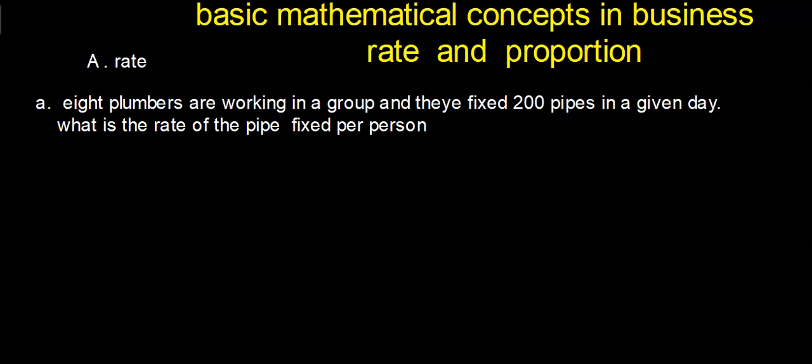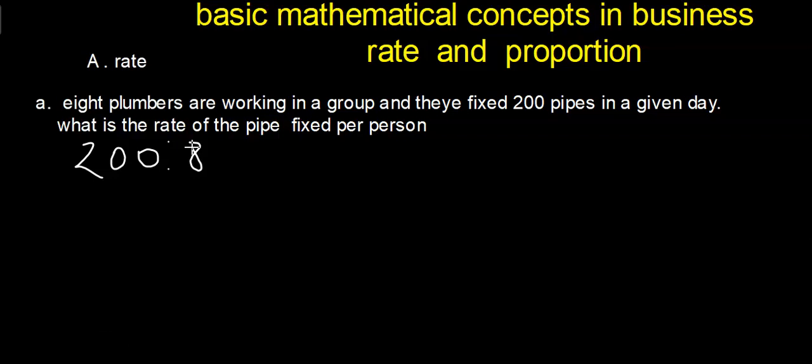This one is actually so easy, so I want you to stop the video and try it yourself. We have 200 pipes and 8 people, and we're looking for the number of pipes fixed per person. So all I have to do is divide 200 by 8, and I'll get my answer.